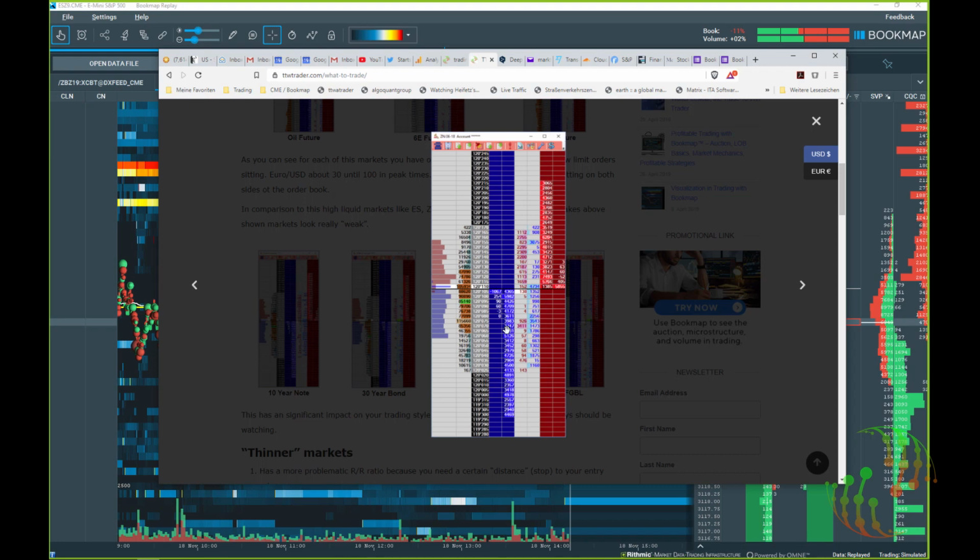So if you have more time, and speed is not a point for you, and you feel comfortable to watch the orders here be matched on either side, and it takes maybe half an hour to press the price up or to lift the offer here, then trade the treasuries.